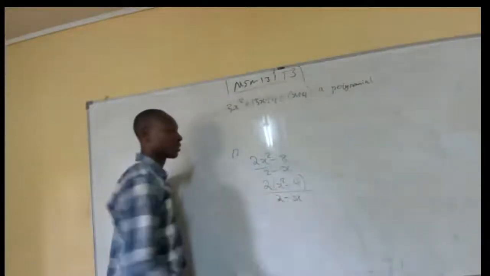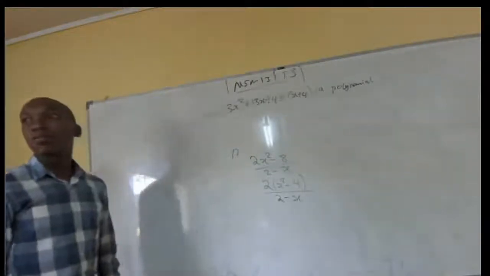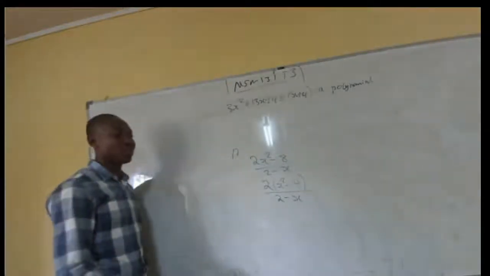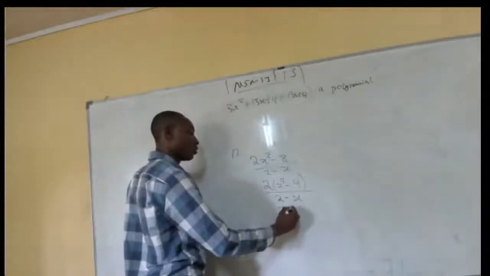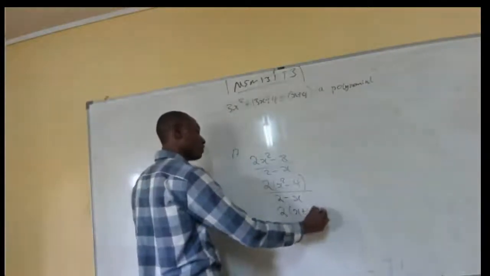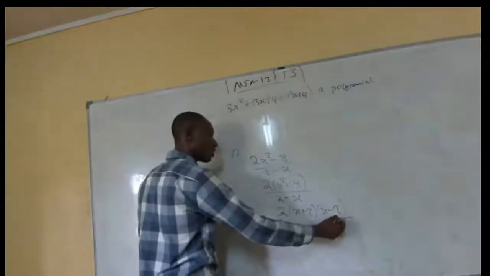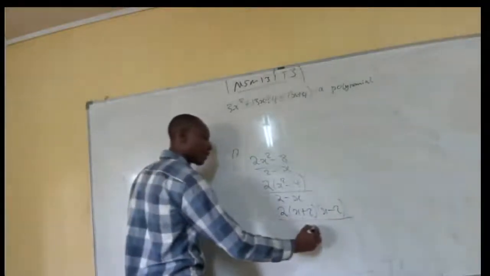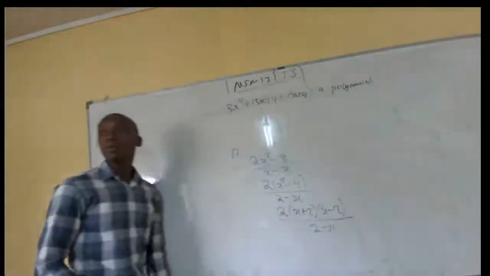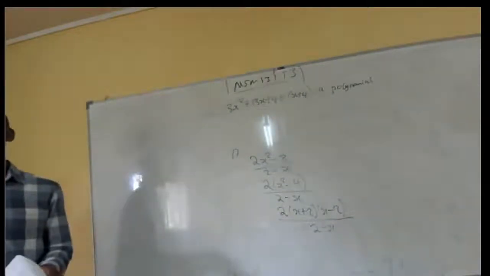2 minus x. Alright? Then we know that the numerator now looks like a difference of two squares, so we have 2 times x plus 2, x minus 2, over 2 minus x. Okay.